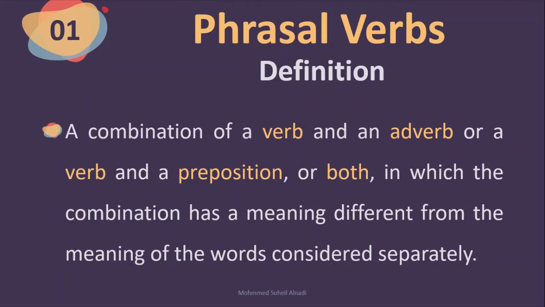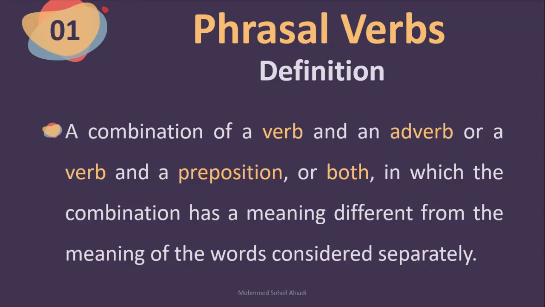Otherwise, it would be considered a prepositional verb, in which the overall meaning is the result of the combined meaning of both elements, not a new meaning as a phrasal verb should have.